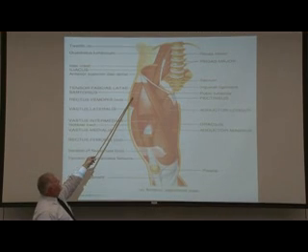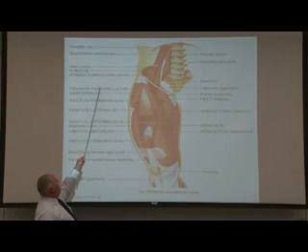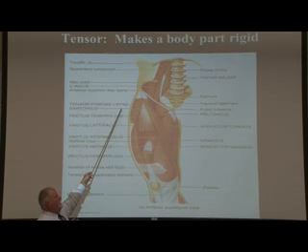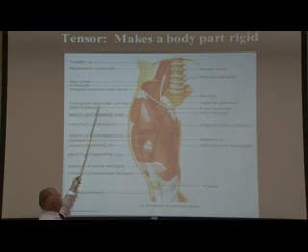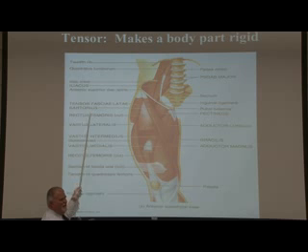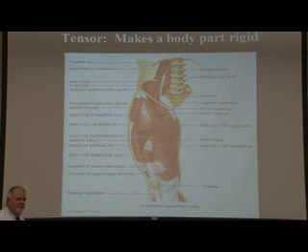And so the muscle is called the tensor fascia latae. So fascia is a word for connective tissue. Latae is lots of fascia. So the muscle is actually telling you that it's tensing a lot of fascia, or a lot of connective tissue. And so the muscle's right here, and then the IT band goes all the way down here.